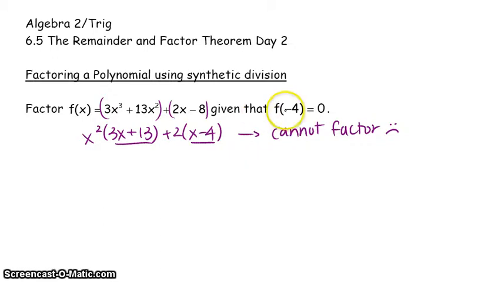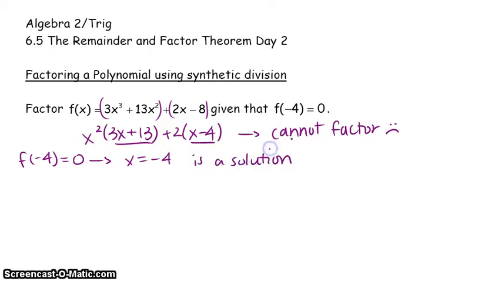But we can have another alternative. This is why it gave us, given that f of negative 4 equals 0. What that wants us to think about is that x equals negative 4 is a solution. When it's a solution, that means it's an x-intercept, which gives us the point negative 4, 0.